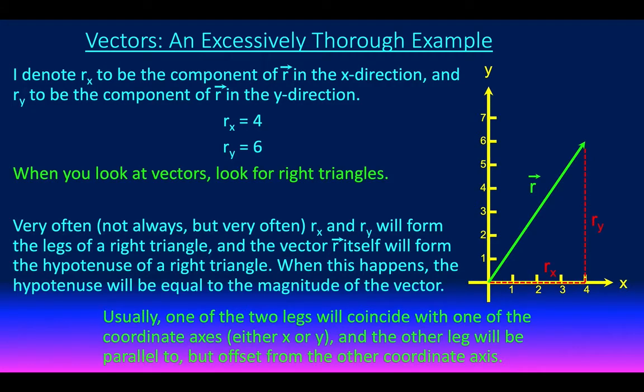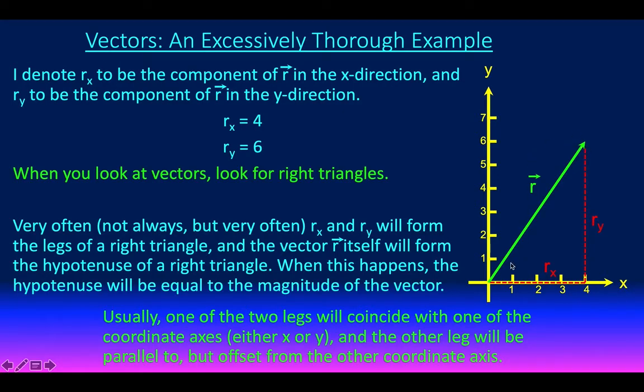Now, usually we will see that one of the two legs will coincide with one of the axes, either x-axis or y-axis, and the other leg of the right triangle will be parallel to the other axis, but shifted away from it some amount. So in this picture, our x coincides with the x-axis, our y lies parallel to the y-axis, but is shifted over by some amount.